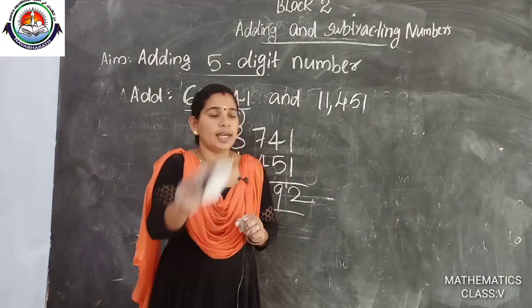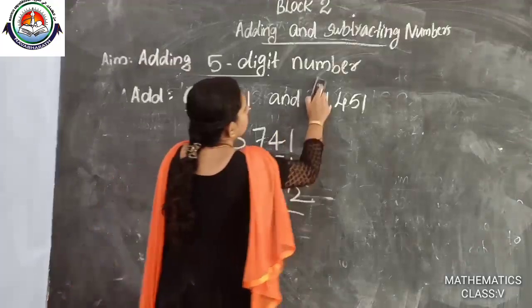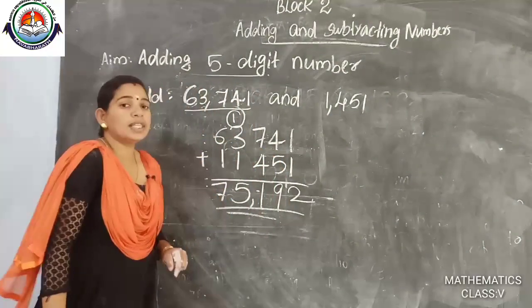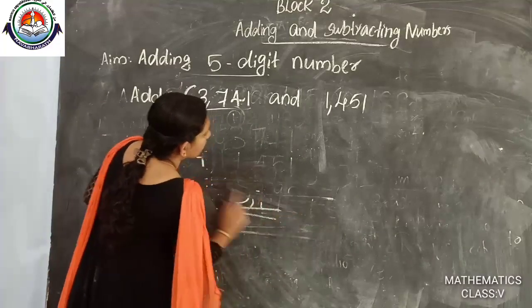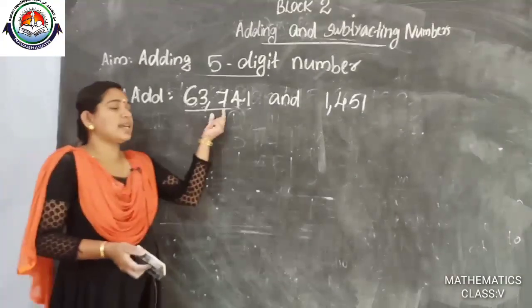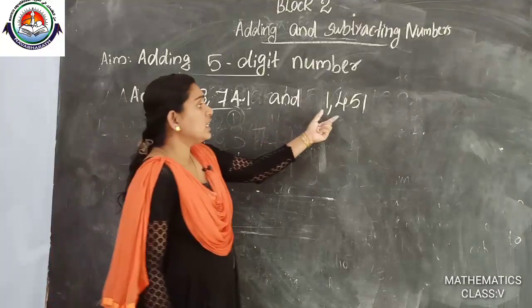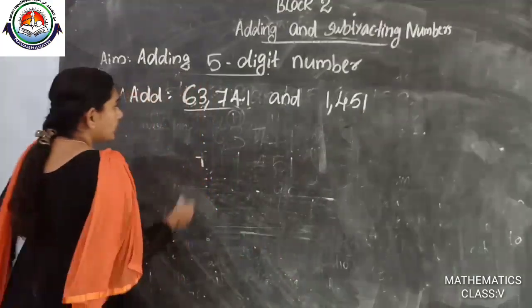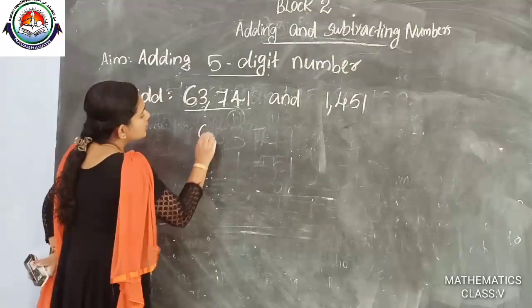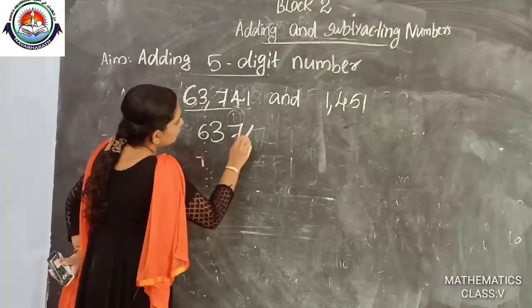Right side. Okay, I will show one mistake. Now, this is 1,451. Okay. We are adding 63,741 and 1,451. We are writing from the left side. First number we are writing 41.